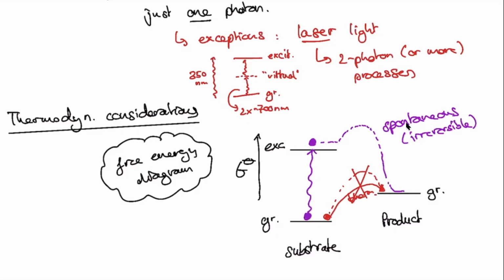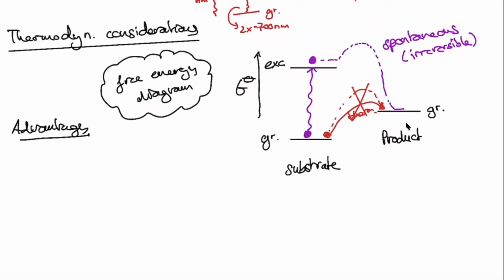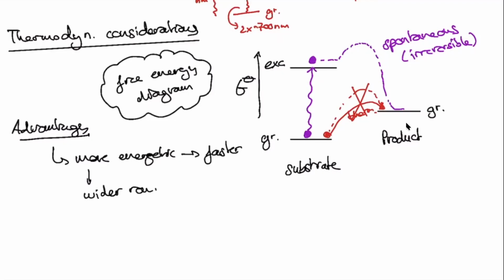So that leads to some advantages. Right? So if we excite a molecule, it is more energetic. So that means the reaction is faster. But it also means we have a wider range of possible reactions. And that also then means that we can make more different products.